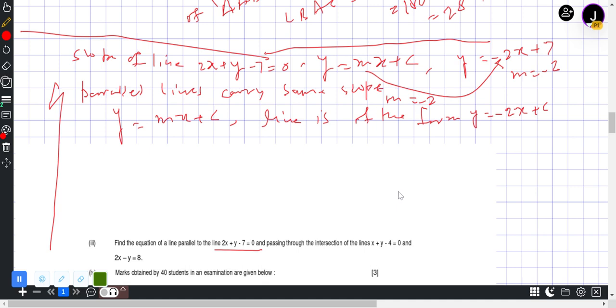It says that the line passes through the intersection of these two lines. So what is the intersection concept? The intersection point of these two lines is a point which will satisfy both the equations. That means we have to find the solution of these equations. One is x plus y is equal to 4, another is 2x minus y is equal to 8.